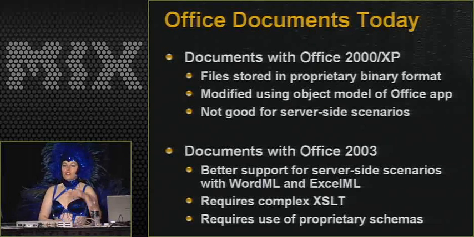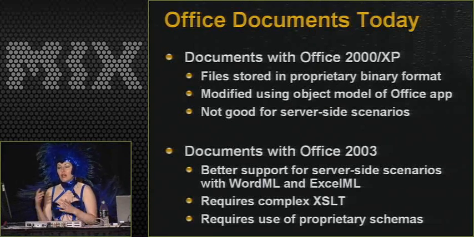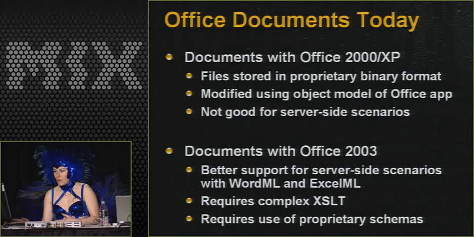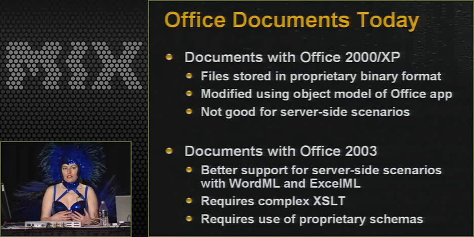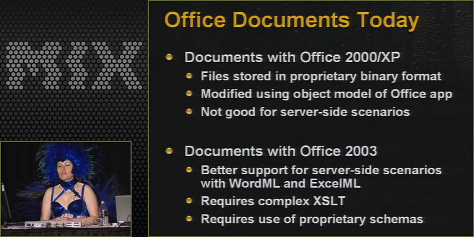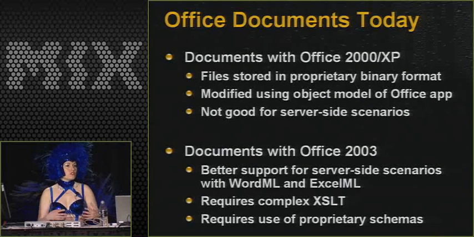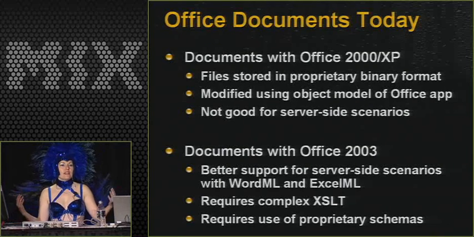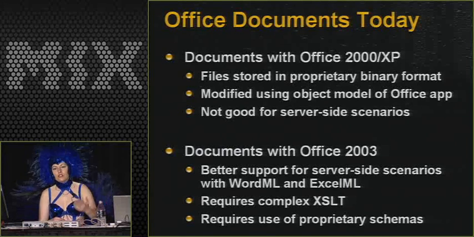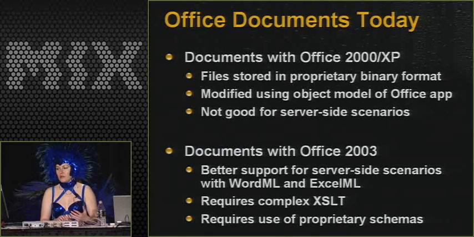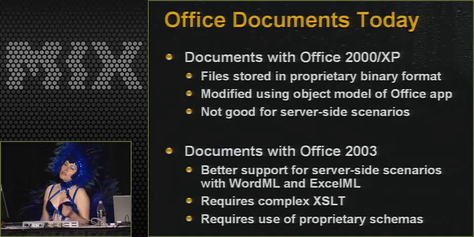Now in 2003, we took it another step. We created Word ML and Excel ML, which were pretty good for server-side. They still didn't provide the flexibility that most large corporations needed to dynamically generate hundreds and hundreds of these documents on a regular basis. It did require some complex XSLT.